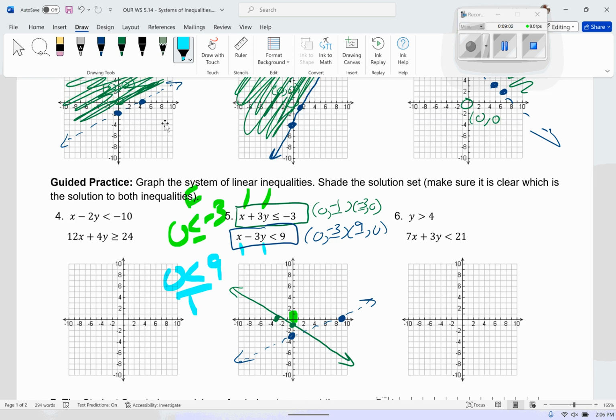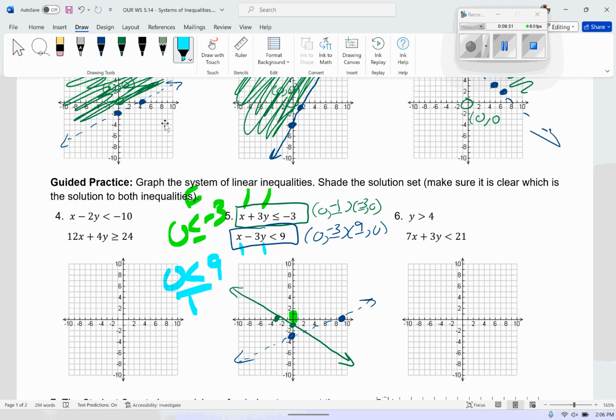If I'm shading below the green and above the blue, which region am I going to shade? Am I going to shade here? Here or here? So 1, 2, 3, or 4. Where do you want me to shade? There's only one region I shade.